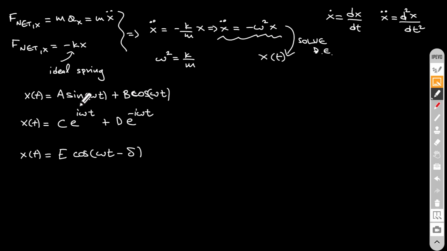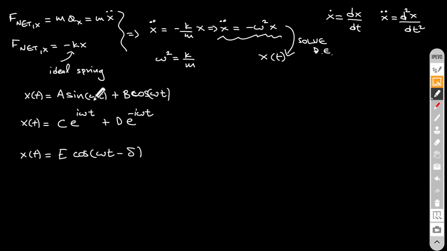There are a number of ways that you can write the general solution to this differential equation. One way is a constant times sine omega t plus another constant times cosine omega t. So in this form, I'm using sine and cosine.